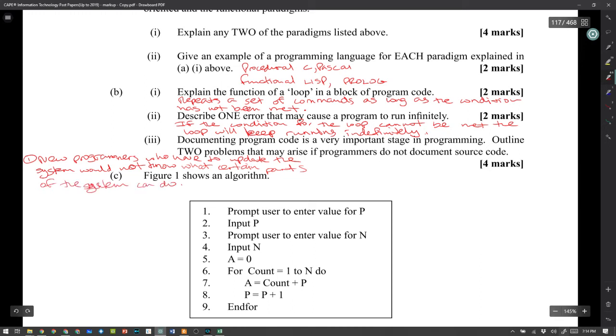And 2, if programmers do not document the source code, the code can become difficult to follow, even for the person that wrote it.